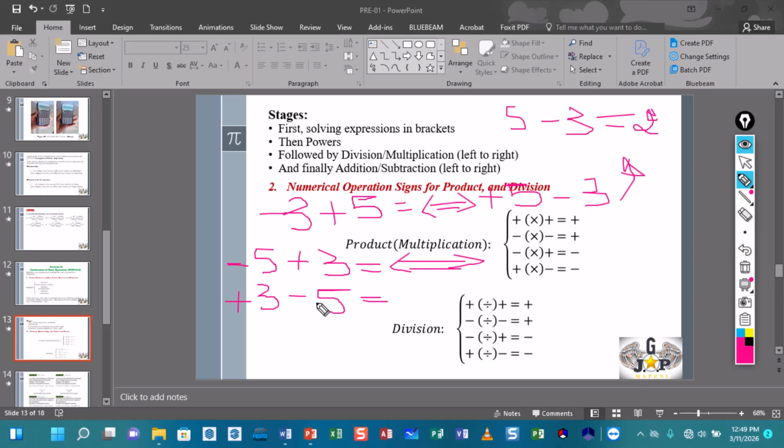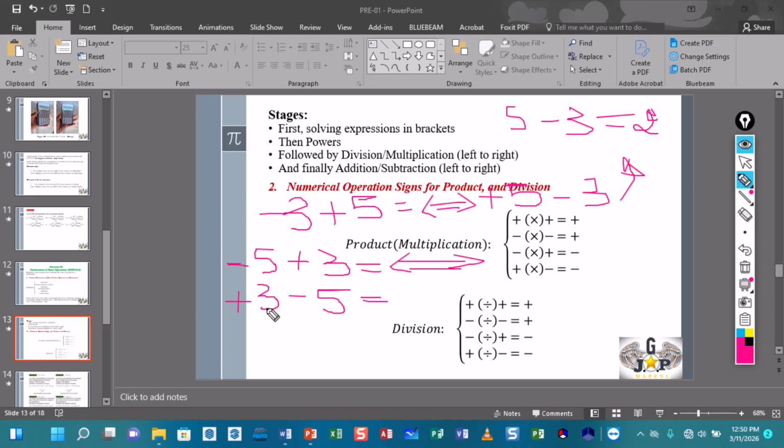That is the rule. That's how I'm speaking in terms of a beginner, someone who doesn't understand it. But truly speaking, the rule says the sign of the solution depends on the bigger number after solving.